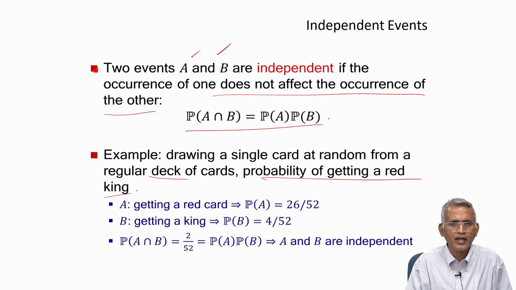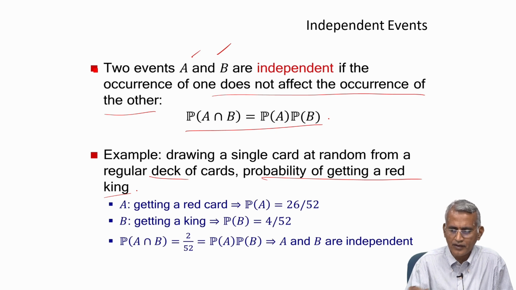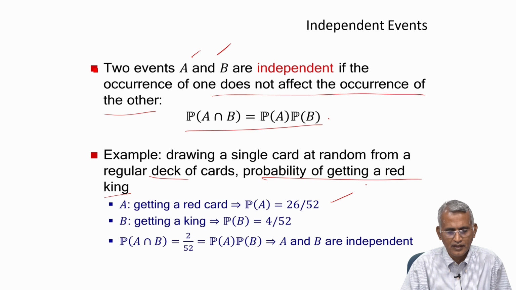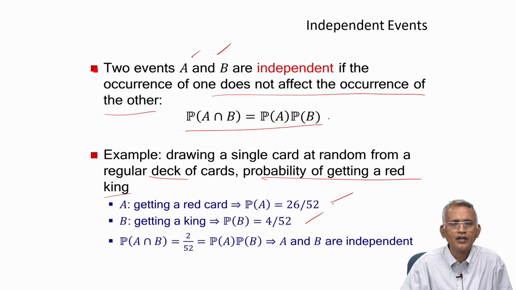The probability of A, getting a red card, is P of A equal to 26 by 52, since the total number of outcomes is 52 and the red cards, diamonds and hearts, number 26. Similarly, for getting a king, the probability of B is 4 by 52, since there are 4 kings in a well-packed 52 card deck. The probability of A intersection B is 2 by 52, which equals the probability of A times the probability of B since the events are independent.